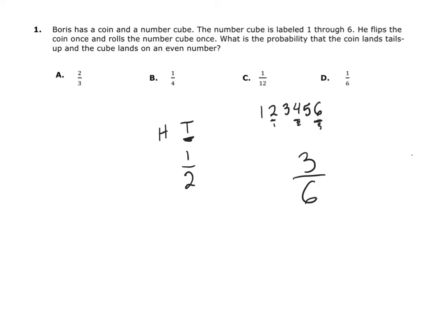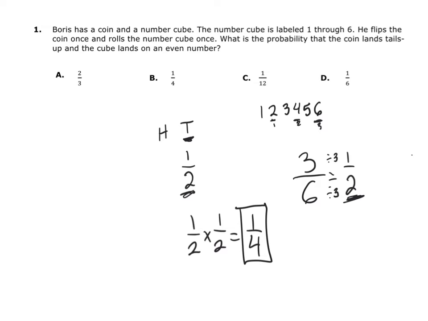Now we can reduce 3/6 down to 1/2 by dividing by 3. So now we have 1/2 and 1/2. When we have 2 probabilities, we multiply them together. So we have 1/2 times 1/2, which overall gives us 1/4 for the total probability, B.